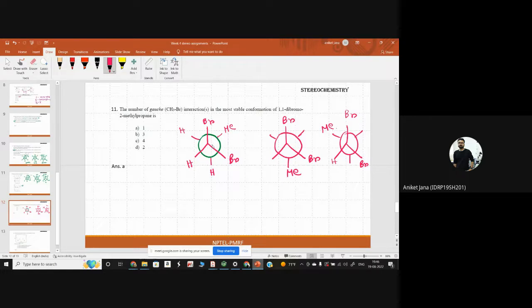So tell me, which one is the most stable conformer? Definitely the staggered will be the most stable conformer compared to the eclipsed.